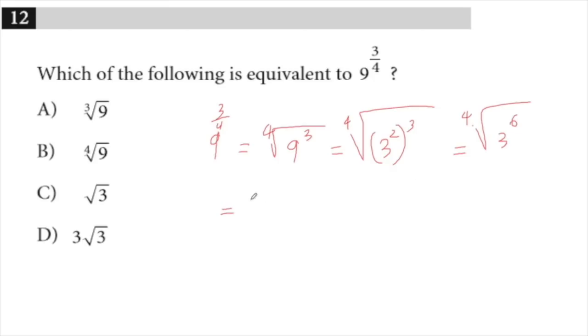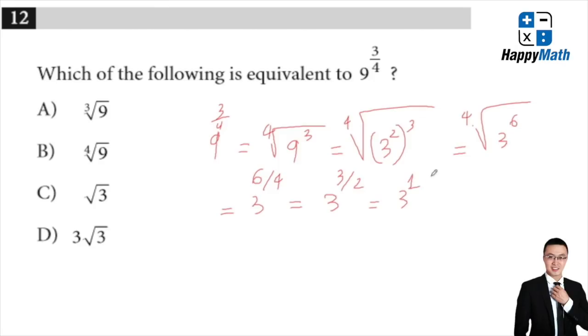This one will be changed to 6 divided by 4. So simplify, just like 1 plus 1.5, because 3 over 2 is equal to 1 plus 1.5. I mean 3 to the power 1 multiplied by 3 to the power 1.5. 3 times the square root of 3, like this.